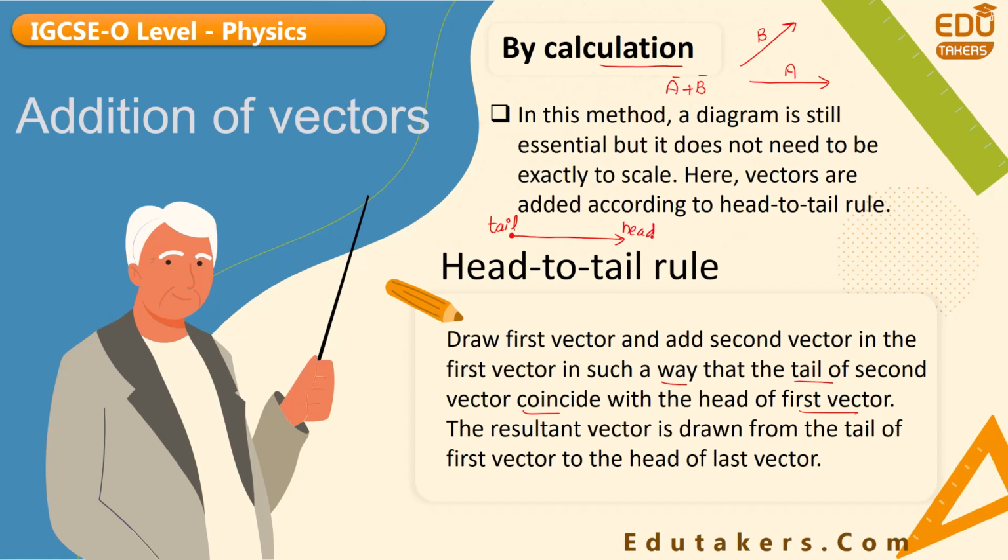So you have to add the two vectors in such a way that the tail of the second vector will coincide with the head of the first vector.